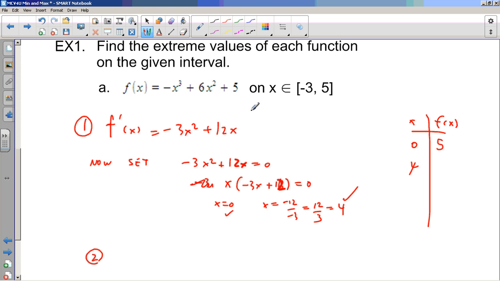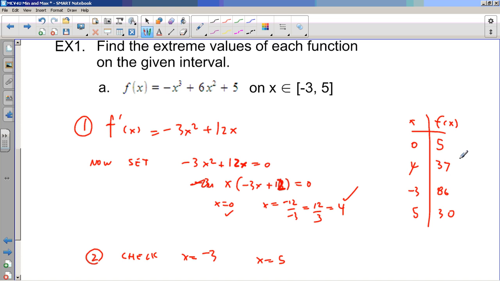I put 4 in here, and I get 37. And then I also have to check the endpoints, which is x equals minus 3 and x equals 5. I put those into the calculator, and I get that one's 86, and this one's 30.